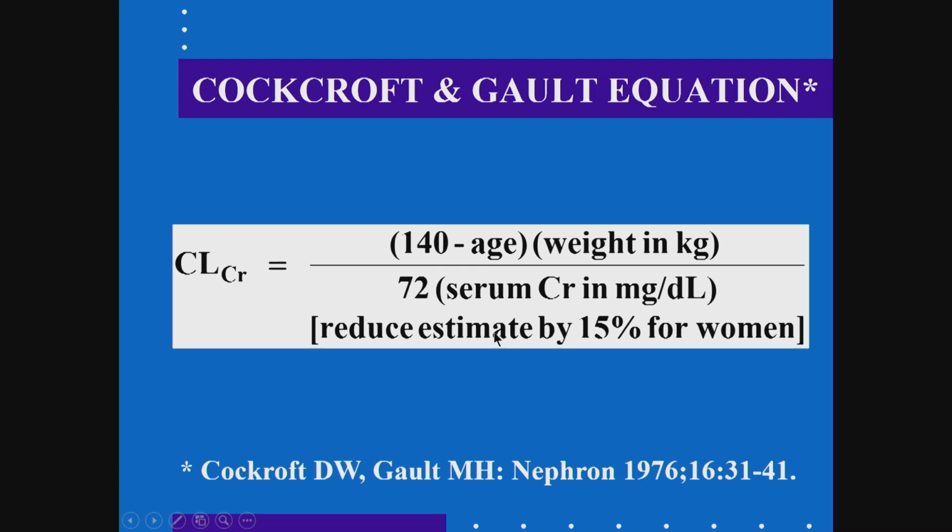Now this estimate based on the Cockcroft and Gault equation has to be reduced by 15% for women because generally they have a smaller body mass, specifically skeletal muscle mass, and that leads to a reduced estimate for women when using this approach.